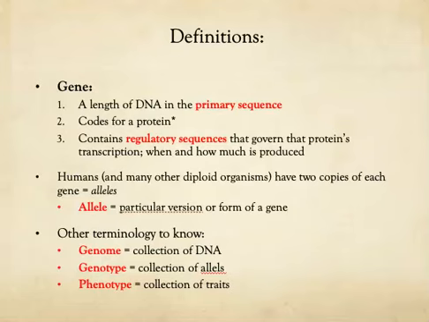The regulatory code in a gene is the code that determines when the protein will be made, in fact, if the protein will be made, when it will be made, and how much of it will be made. So every gene has regulatory sequence in it, regulatory bases, and protein coding bases.